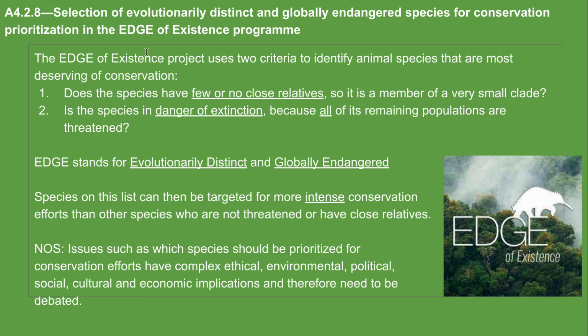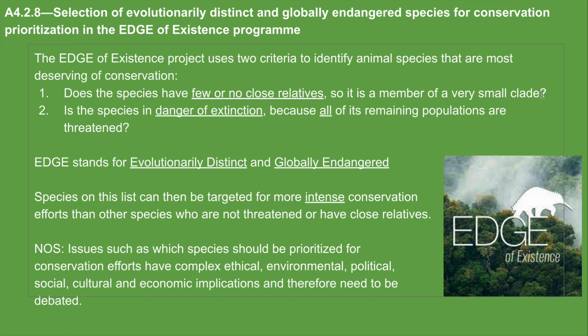So we have a program called the Edge of Existence Project, and it is going to help guide those funding decisions using 2 criteria to identify animal species that are most deserving of conservation. 2 questions. Number 1, does the species have few or no close relatives, so it is a member of a very small clade?